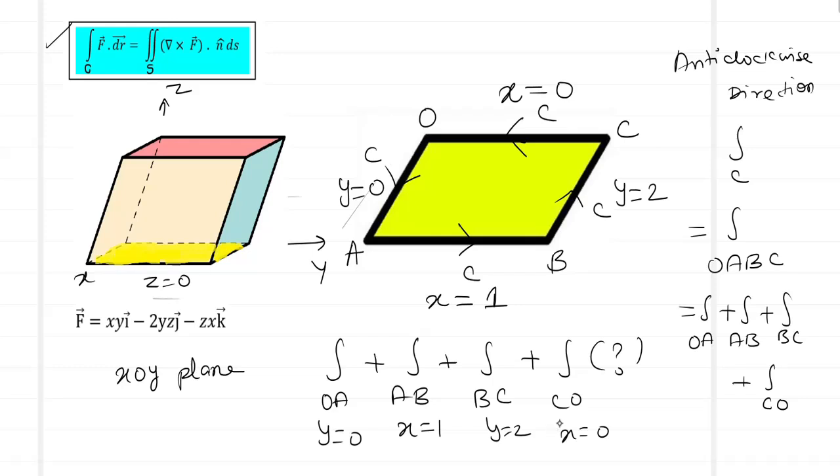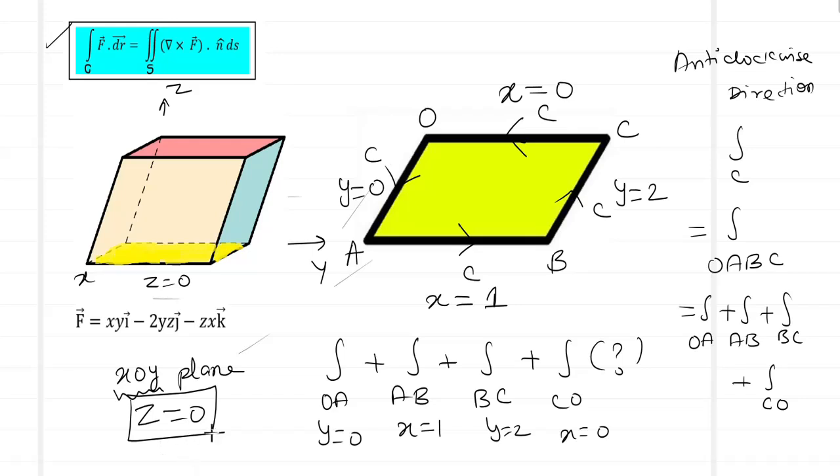Now, you may think again this is going to be a little complicated. Okay, not so. Because this is also going to turn out to be an easy task. Why? You can see that where is your F vector being drawn on? Above the XOY plane. What happens in the XOY plane? The name of the XOY plane is Z equal to 0.